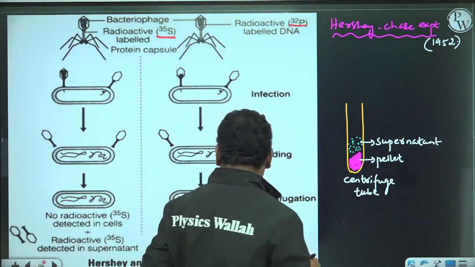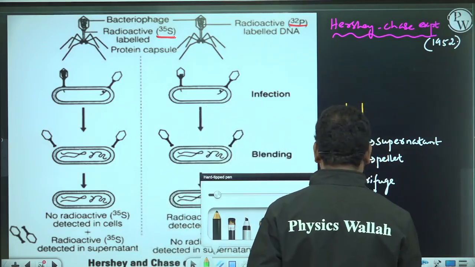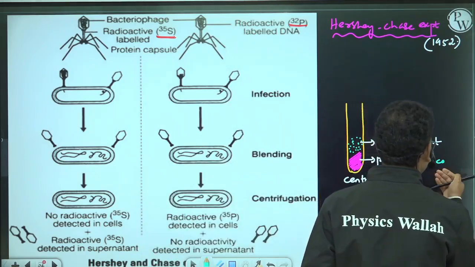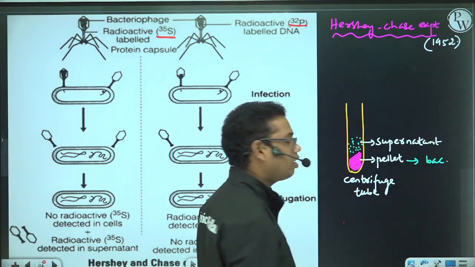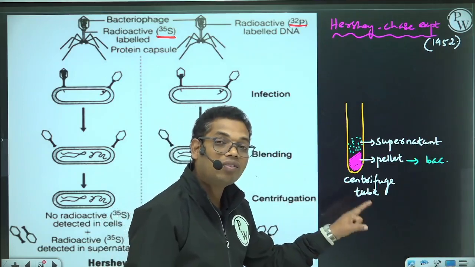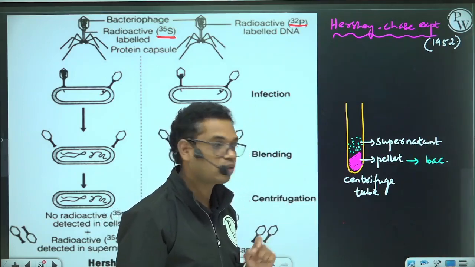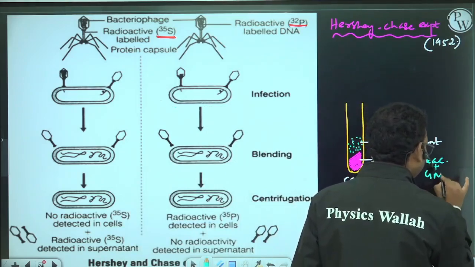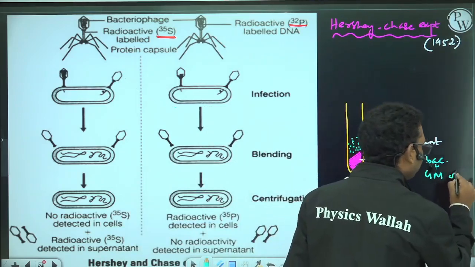So in this pellet, it is the bacteria, that means E. coli, or I will say bacteria, will be present. For bacteria I am writing BAC. And that bacteria will have the genetic material of the virus. So I will say this pellet contains bacteria plus genetic material. GM is the genetic material of the virus.